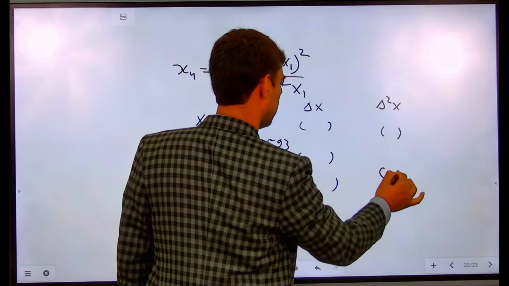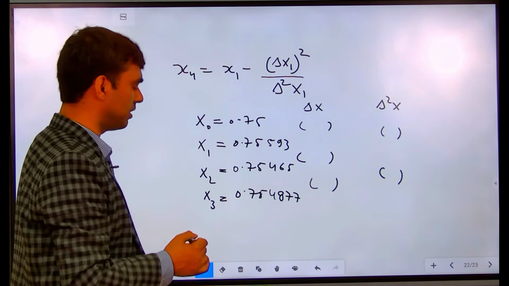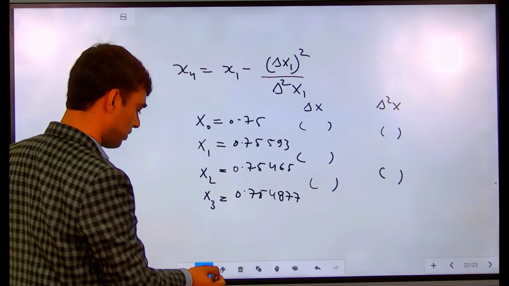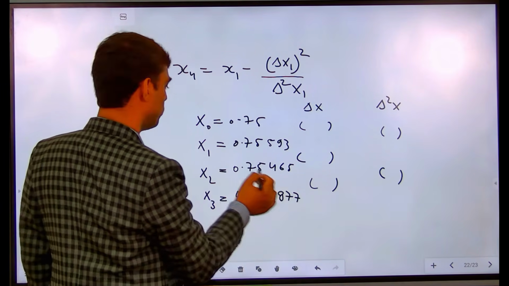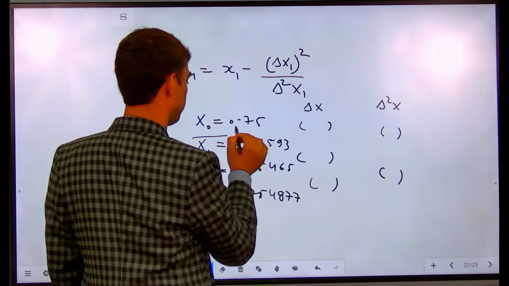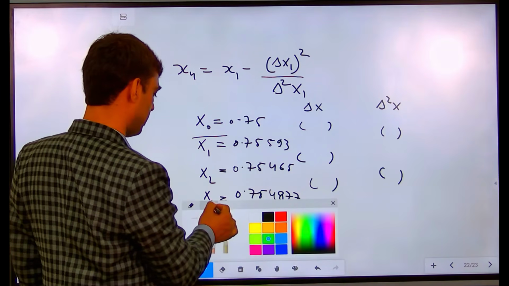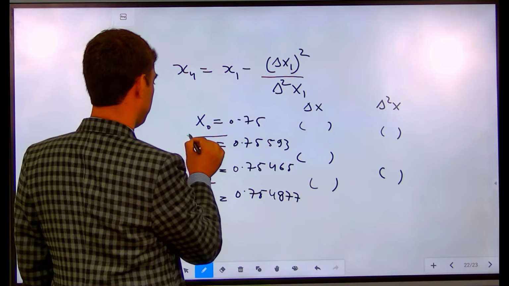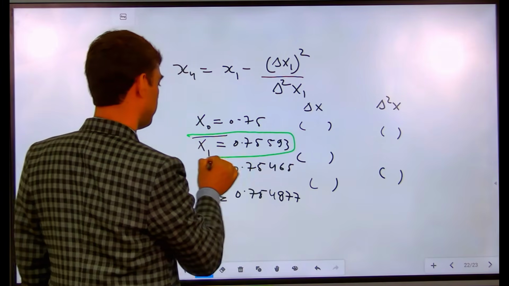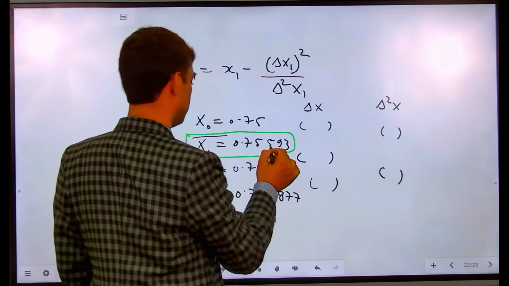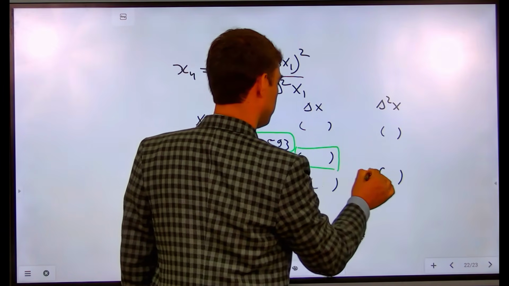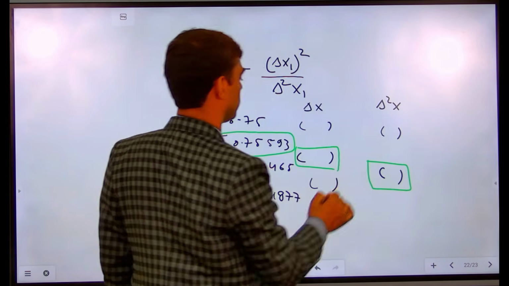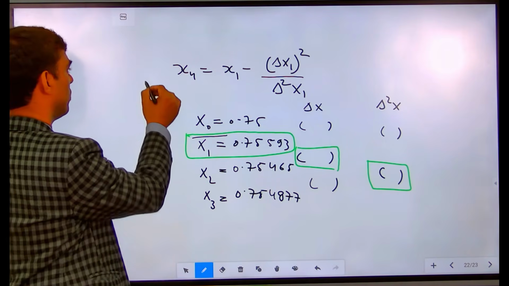But in this iteration we use the values of x1, delta x1, and delta 2 x1 in order to find the value of x4.